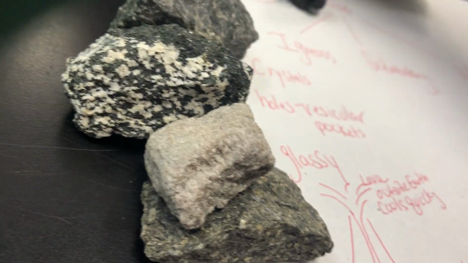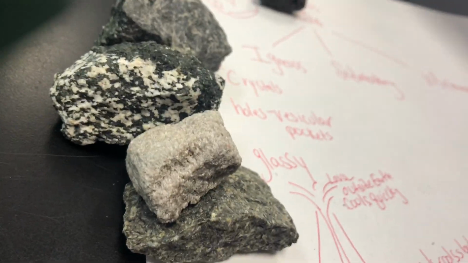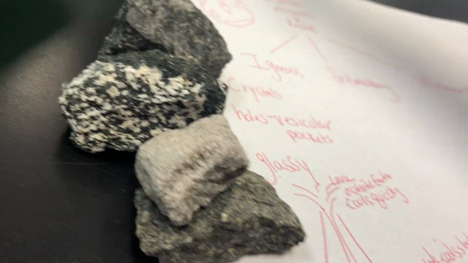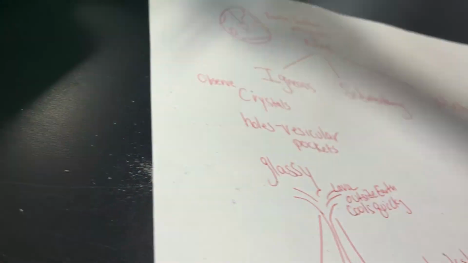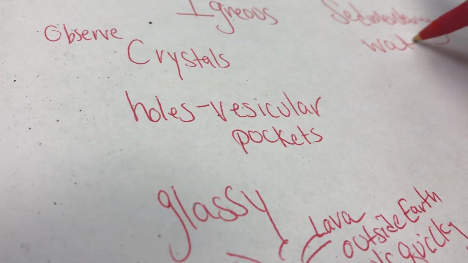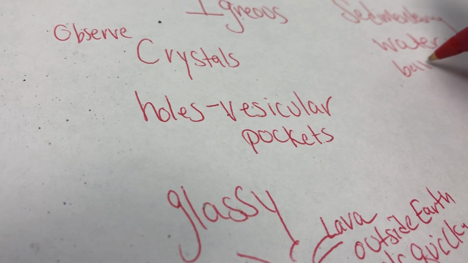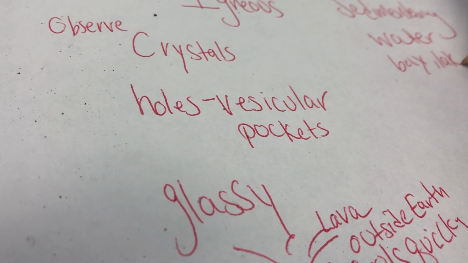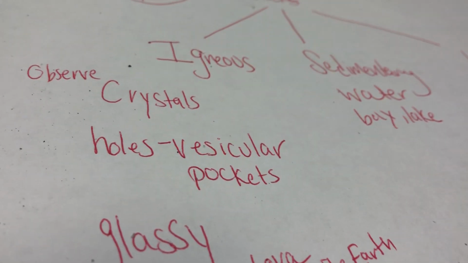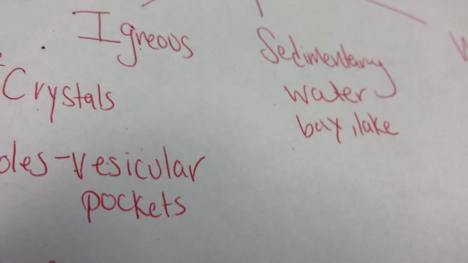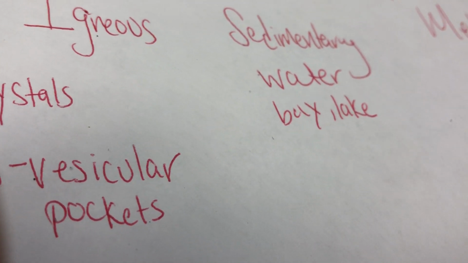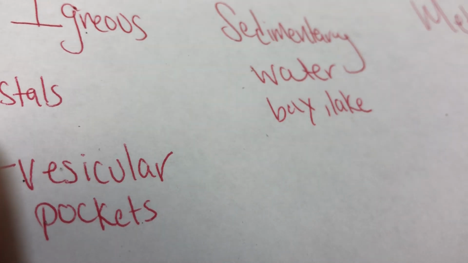Let's talk about the next type of rock. The next type of rock is sedimentary. And sedimentary rock is usually found by water. So whether it's a bay, a lake, usually it's found in some sort of watery environment.